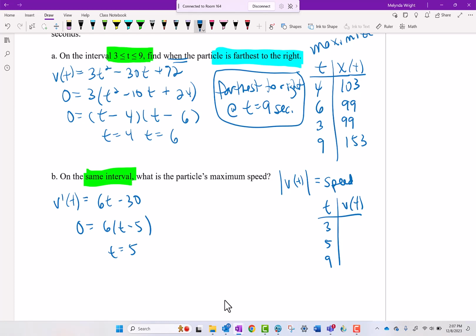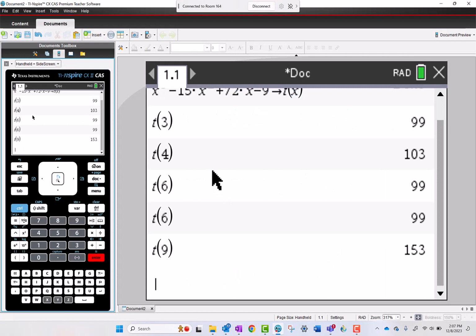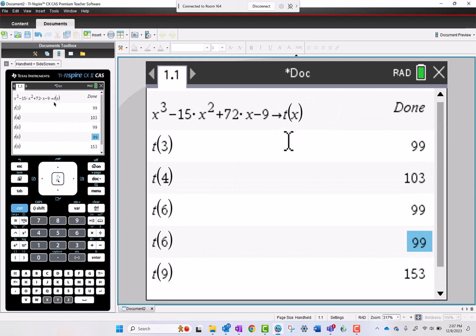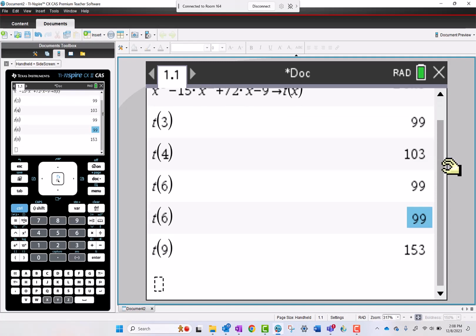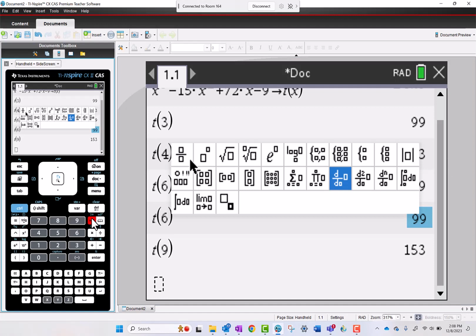Okay, so I'm going to plug those numbers into velocity. Everybody okay? Yes. Okay, so let's go back to our calculator. So I actually don't have velocity in here. What did we do? We have t of x in here. We have two choices. We can make the calculator calculate it for us, or we can input again. It doesn't really matter to me. Why not? Let's make the calculator do its job, right? So here we go.